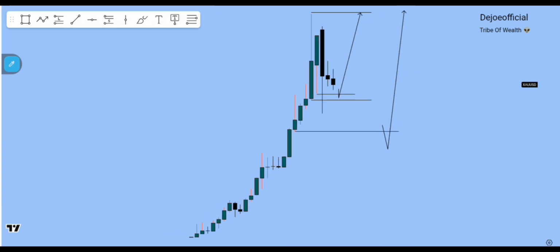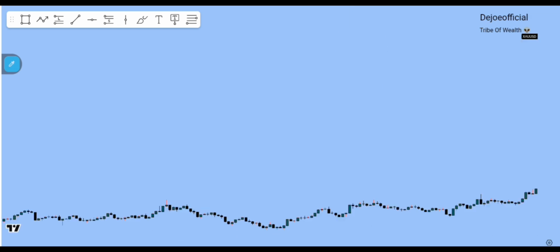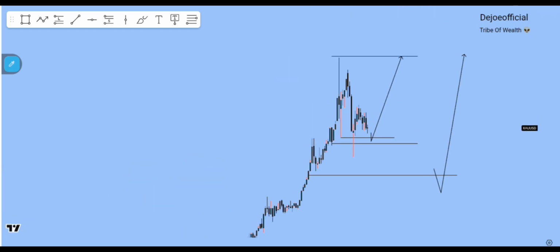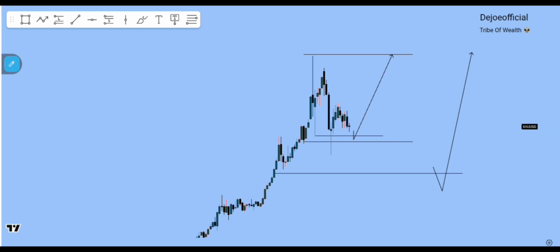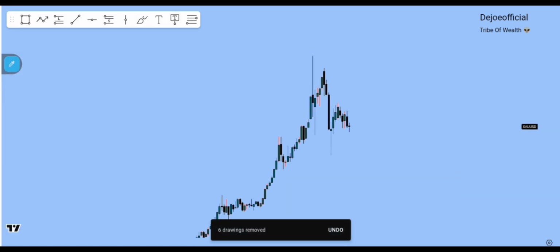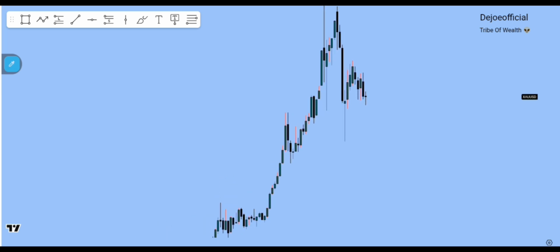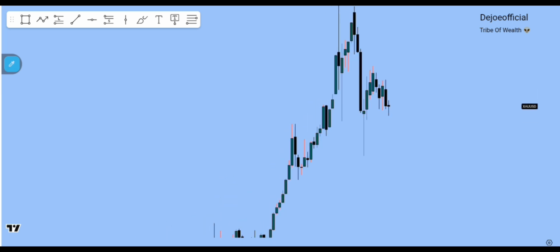So moving down to the weekly time frame. On the weekly time frame, as you can see, price is also bullish after this last break here.